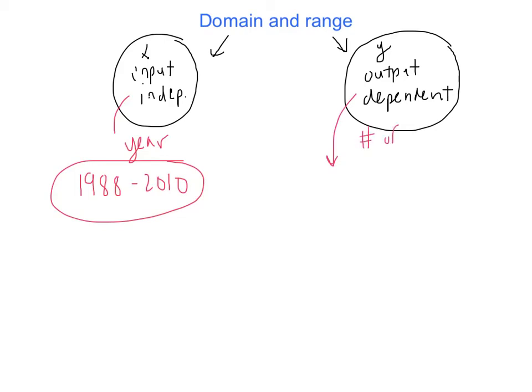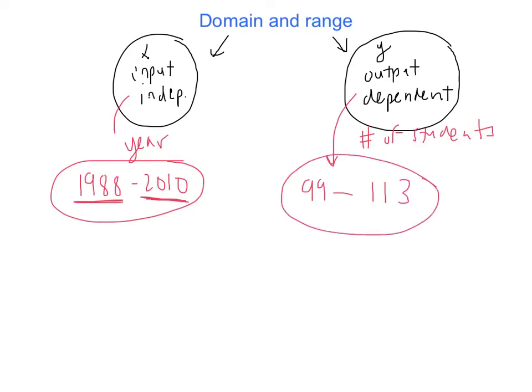Number of students. So I would start with, in 1988, how many students? Let's say there were 99. And then in 2010, there were 113. So my range would be 99 through 113.